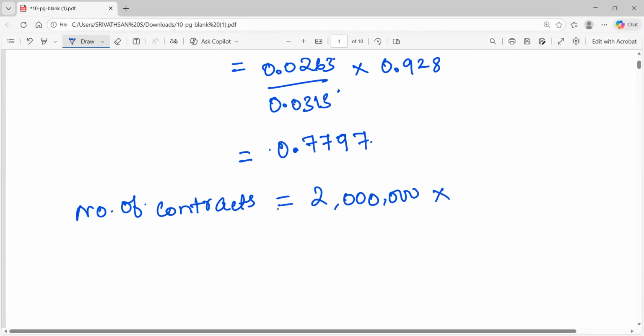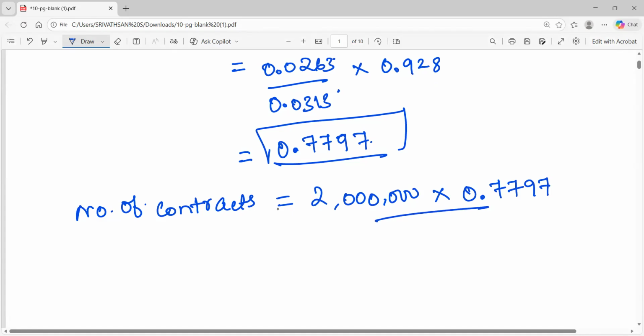Spot is less volatile than future, so you need to multiply it with the hedge ratio 0.7797. So a lesser number of future contracts is sufficient to hedge your position in the spot market, divided by 42,000.